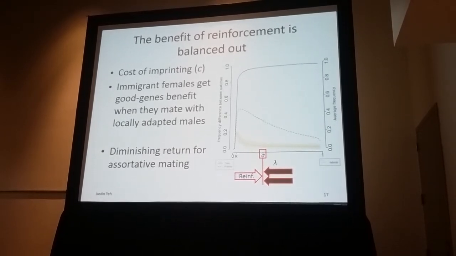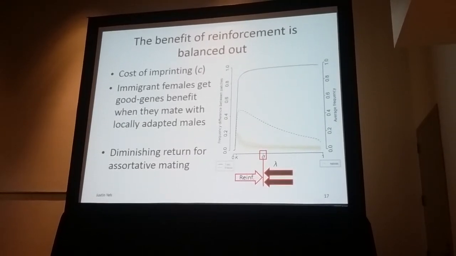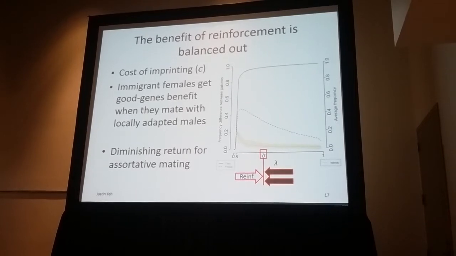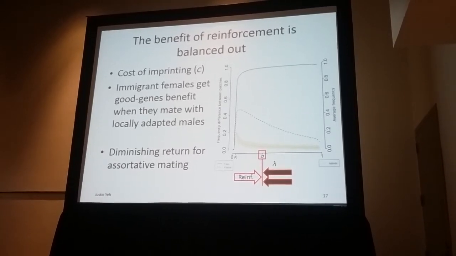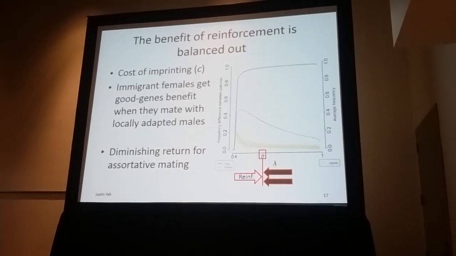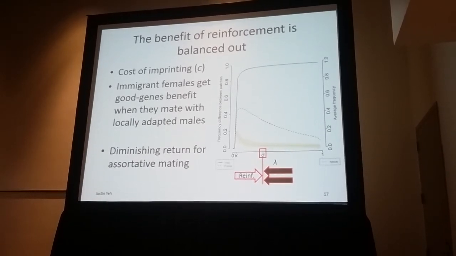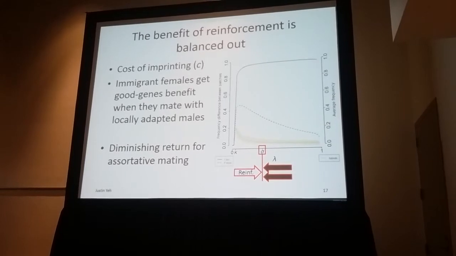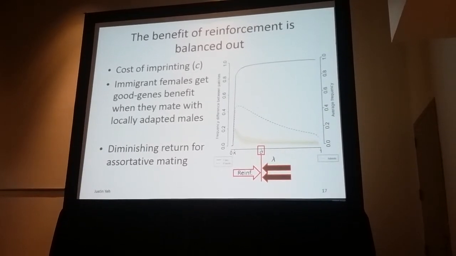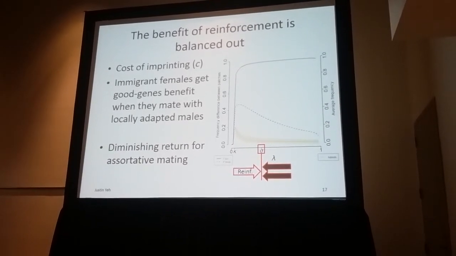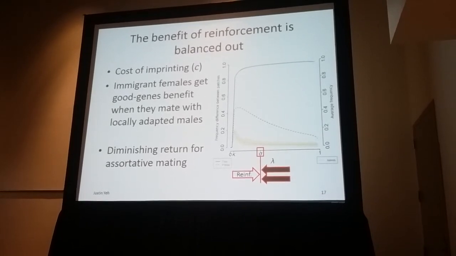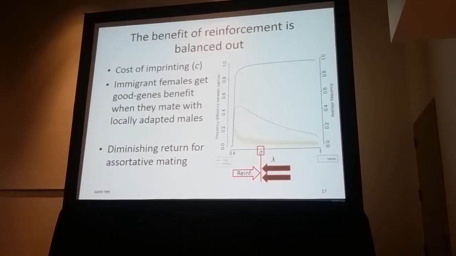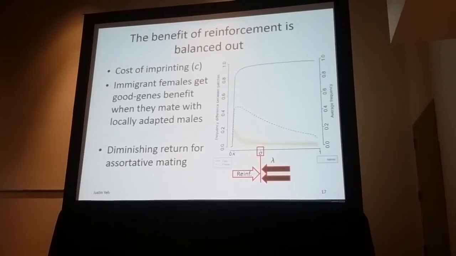The first is the cost of imprinting, and the other thing is that immigrant females sometimes get good genes benefit when they mate with, they always get that benefit when they mate with locally adapted males, and sometimes that is strong enough to push the stable strategy down. And the reason these three forces can exactly balance out somewhere in the middle is because there's diminishing return for reinforcement.